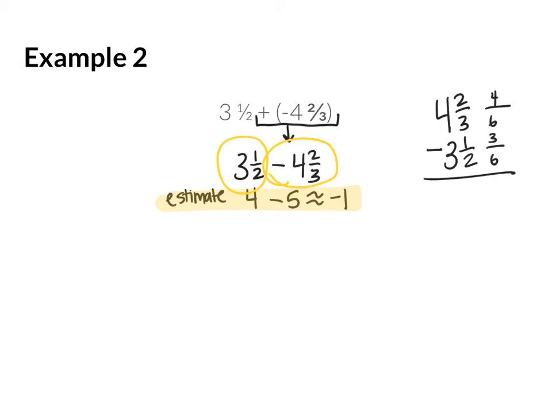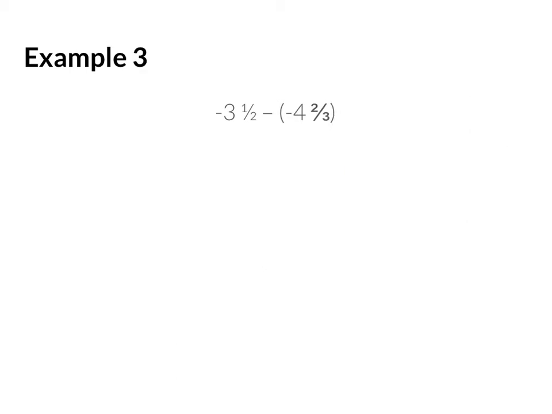That gives me 4/6 minus 3/6 gives me 1/6, and 4 minus 3 gives me 1. So when I look at my final answer, I get -1 and 1/6. And that negative came because I was taking more away than what I started with, which is a number very close to my estimate.